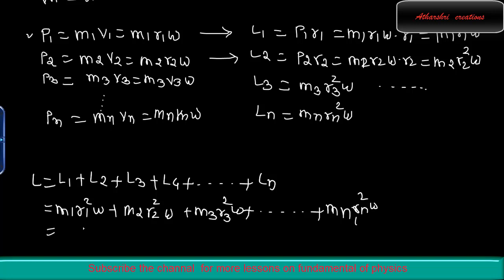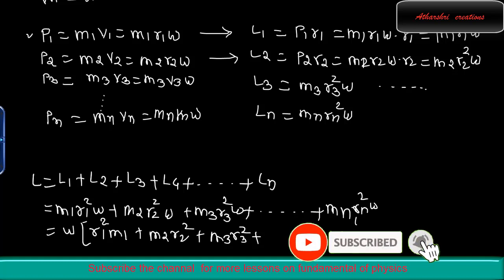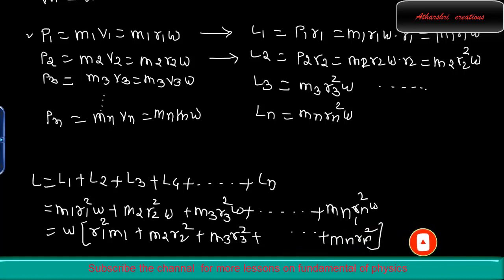Now taking the constant omega out of the bracket, the remaining term is m1 r1 square plus m2 r2 square plus m3 r3 square plus, last, mn rn square.